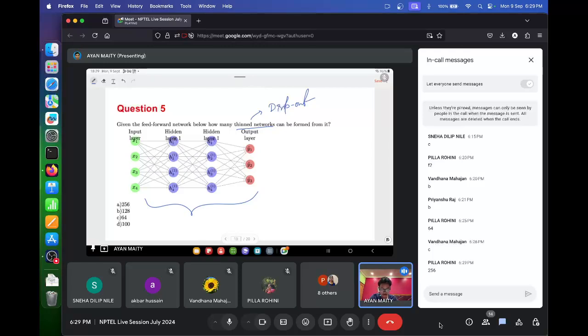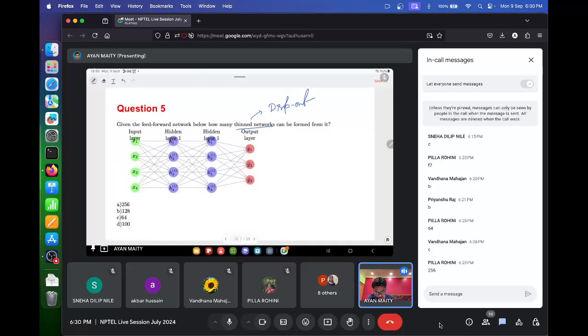In this case we are using dropout only in the hidden layers. So these are the two hidden layers. In dropout, randomly or probabilistically we remove some of the units.